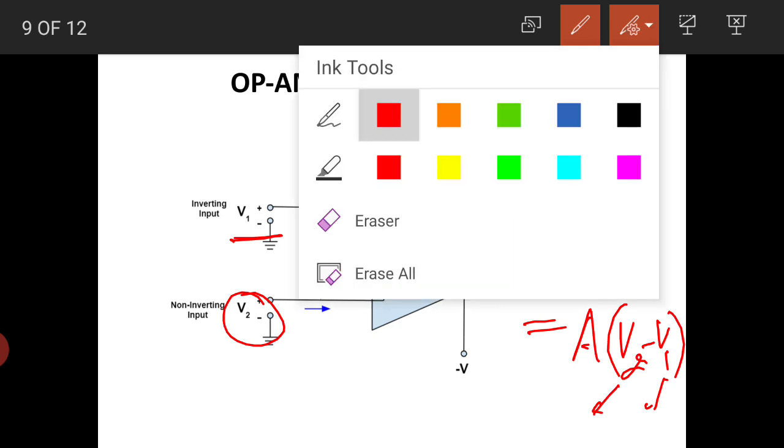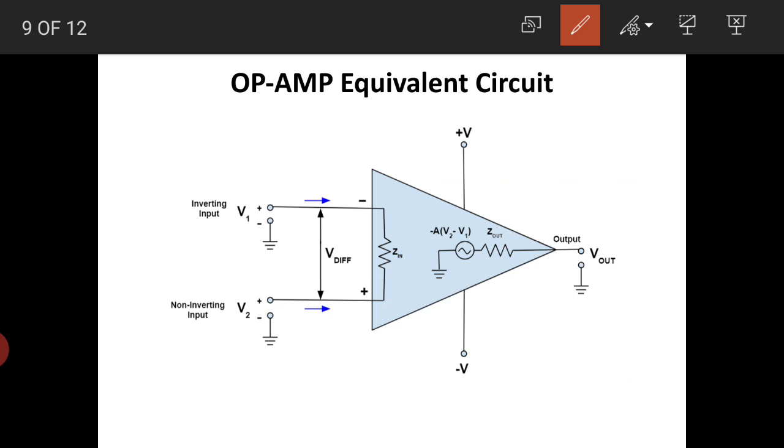Before going to the practical amplifier, we will discuss the ideal characteristics of the operational amplifier.